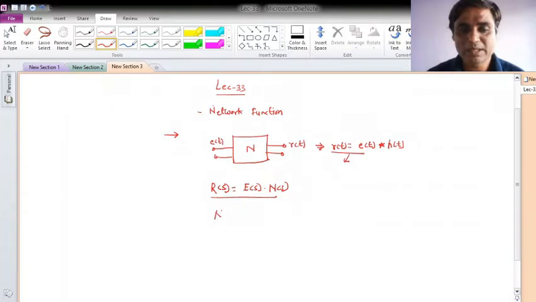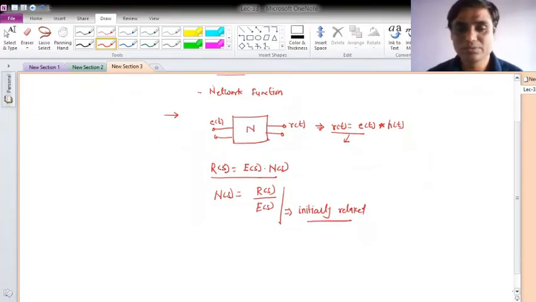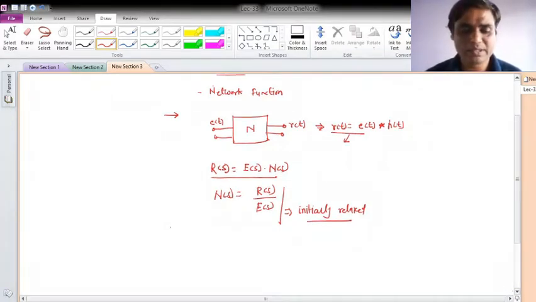So from that I can write the network function will be equal to R(s) divided by E(s). Here we can see that it is the ratio of the Laplace transform of the response to the Laplace transform of the excitation, and the condition is that the network or circuit has to be initially relaxed. This is a very important condition to define the network function, meaning all the initial conditions are 0.